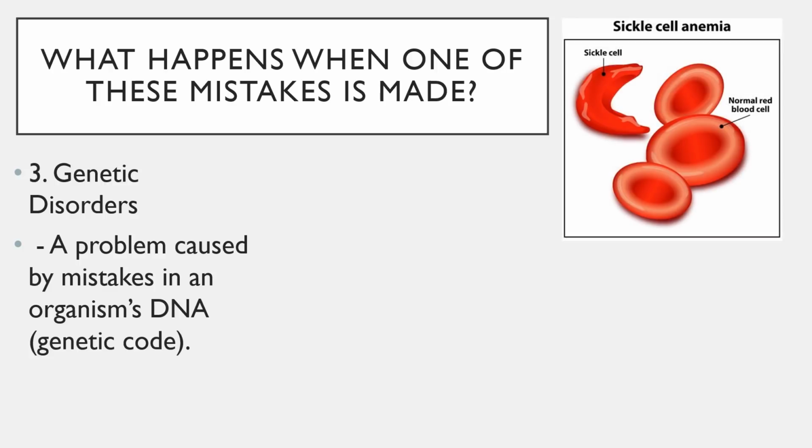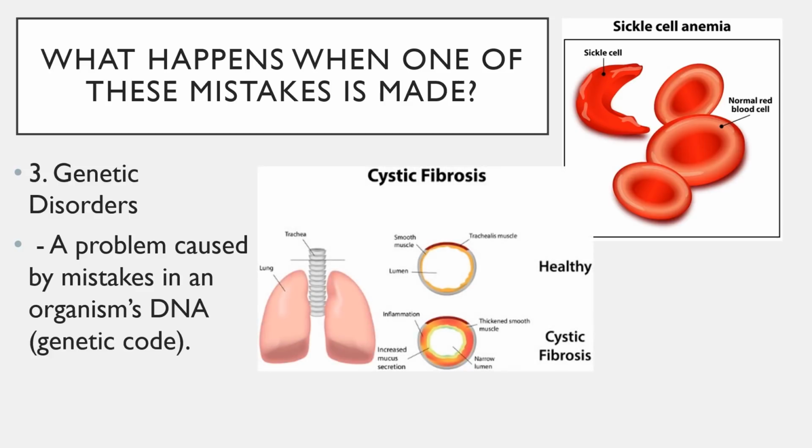Some examples of these would be sickle cell anemia. What happens with that is the blood cells are supposed to be this nice round shape so that they're able to get through the blood vessels in a very efficient way. Sickle cell anemia changes the shape of the blood cells, and it can be really dangerous for people.